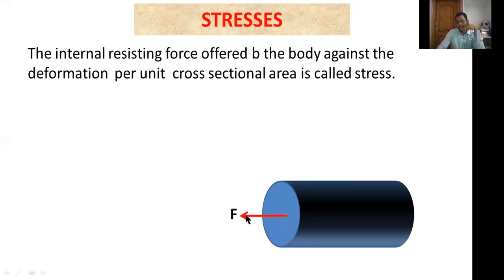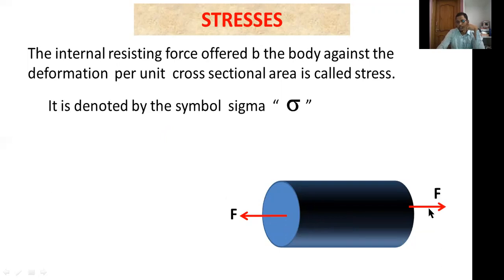This is a tensile load. Tensile load means the load acting away from the body. This is also an equal and opposite tensile load. Here the stress is denoted by the symbol sigma. Sigma is the symbol for stress.